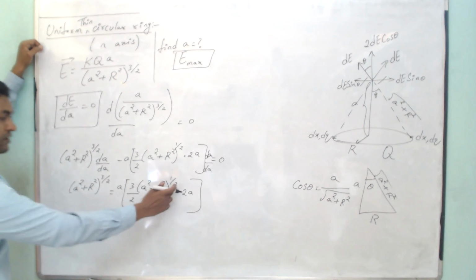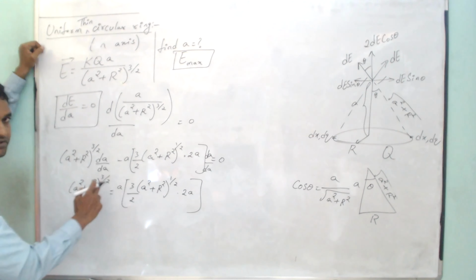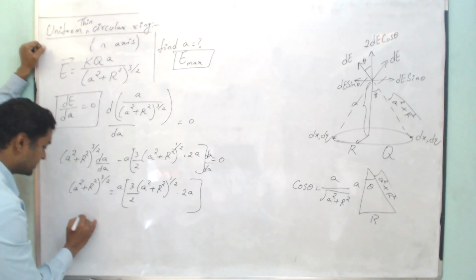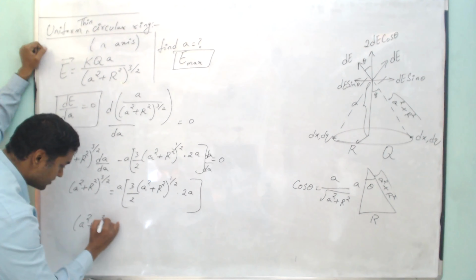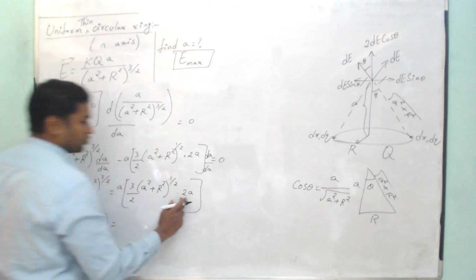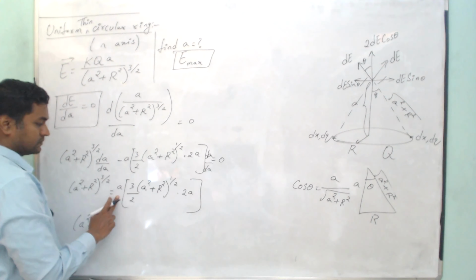The 1 by 2 will get cancelled. Here I'll have only 1, since 3 by 2 minus 1 by 2 is 1. So my next step will become a square plus r square is equal to 2a into a.